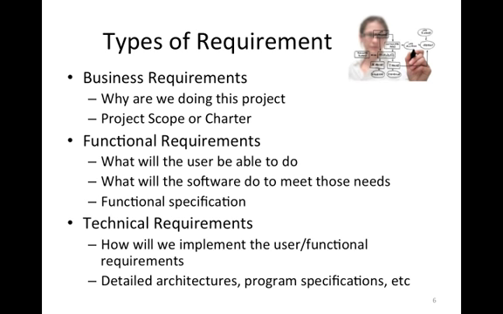We will talk a little bit about the technical requirements, which is how we implement. So the business requirements are why, the functional requirements are what, and the technical requirements are how. We will briefly talk about how we take these user and functional requirements and turn them into software.